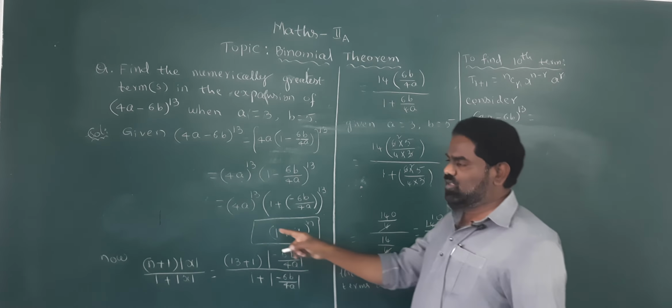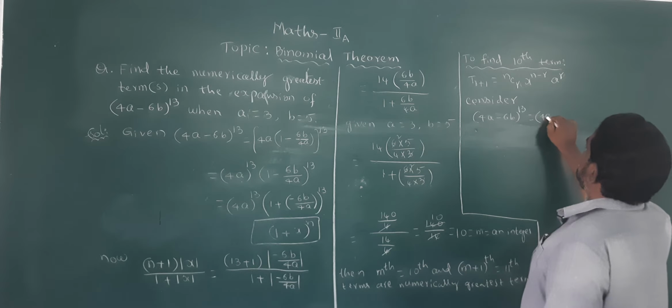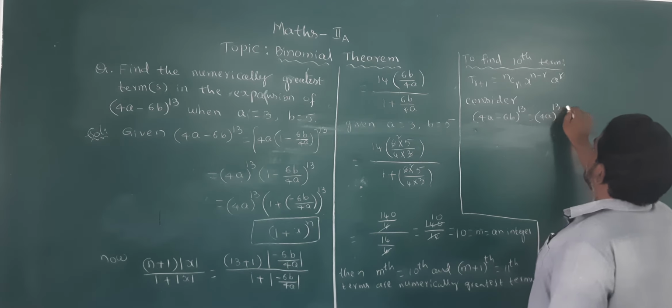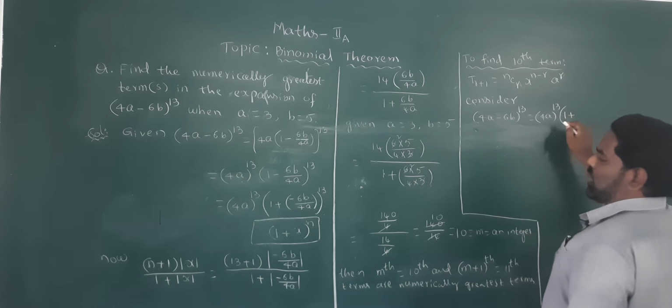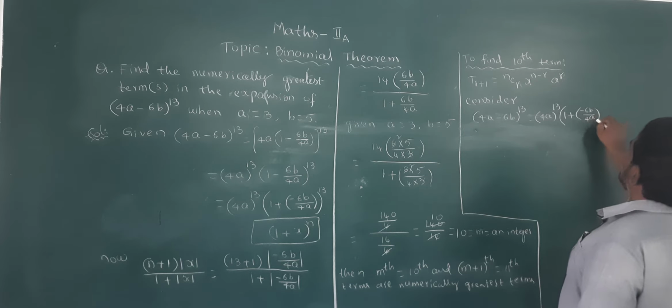That can be written in this form: (4a)^13 into (1 + (-6b/4a))^13.